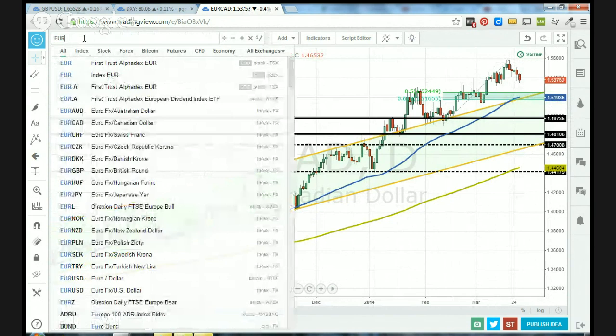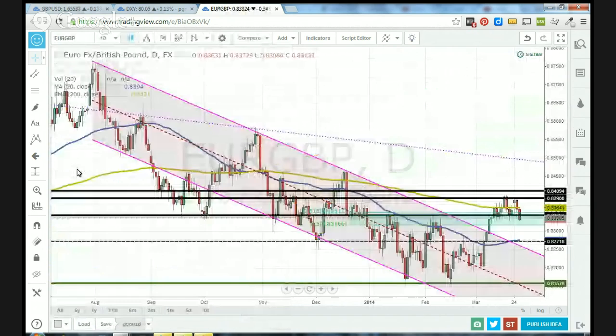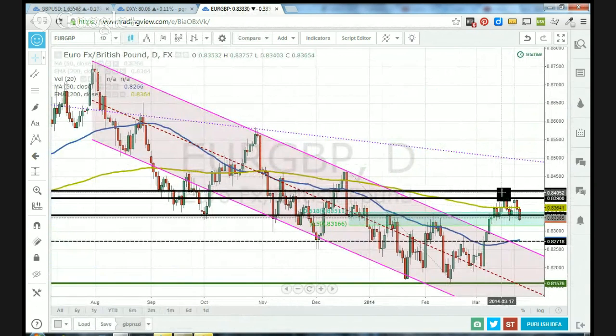Euro Swiss we looked at. Euro Pound. Okay, well, I was thinking about shorting this pair yesterday. If you recall, I was debating. I just didn't feel comfortable with the price action, where to put the stop, so I held off on it. Plus, I thought this could be some signs of a pattern of rising lows, right? One here, one here.